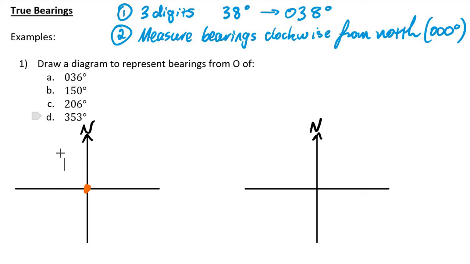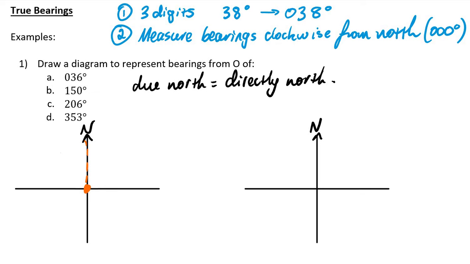Okay, so let's look at this first one, a bearing of 36 degrees. We start by facing due north. Due north means directly north. And we're going to turn 36 degrees. Now, hopefully everyone recalls that east would be 90 degrees, south would be 180 degrees, west would be 270 degrees.